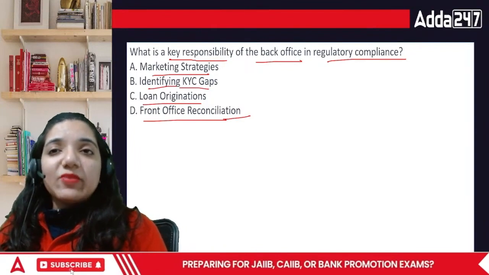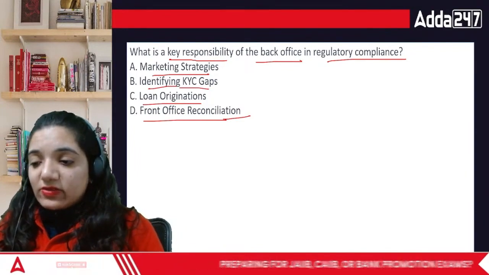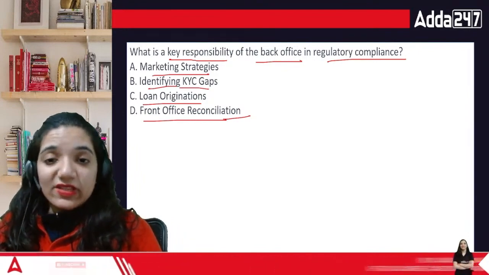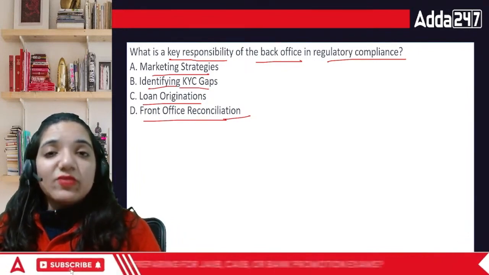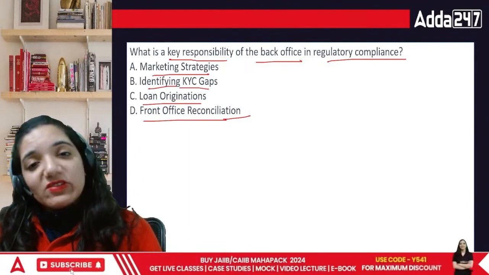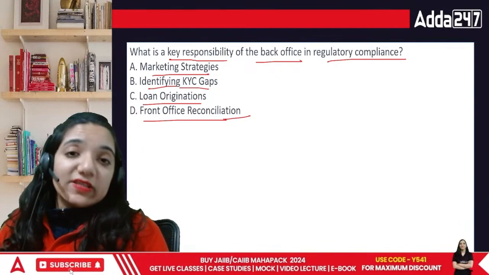So, regulatory compliance is about the documents which I'm submitting: are they true or not, and the authorization of the same. All those important things are to be taken care of. So, what is the key responsibility of the back office? The key responsibility is to find out the know your customer gaps.